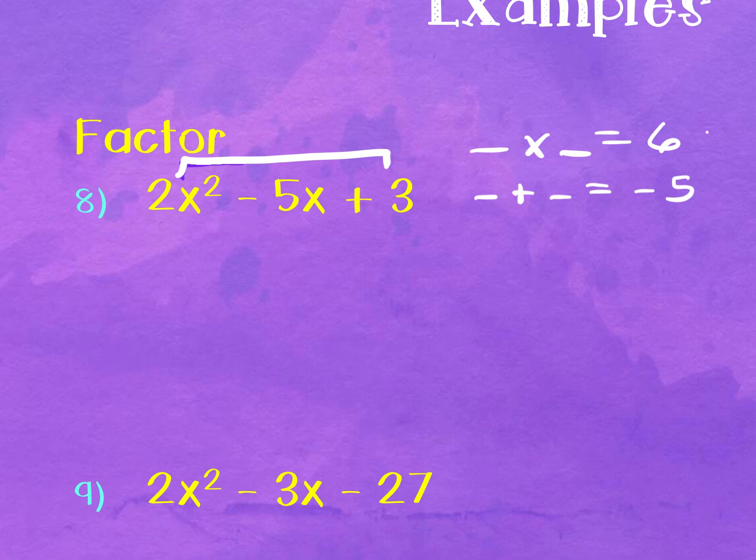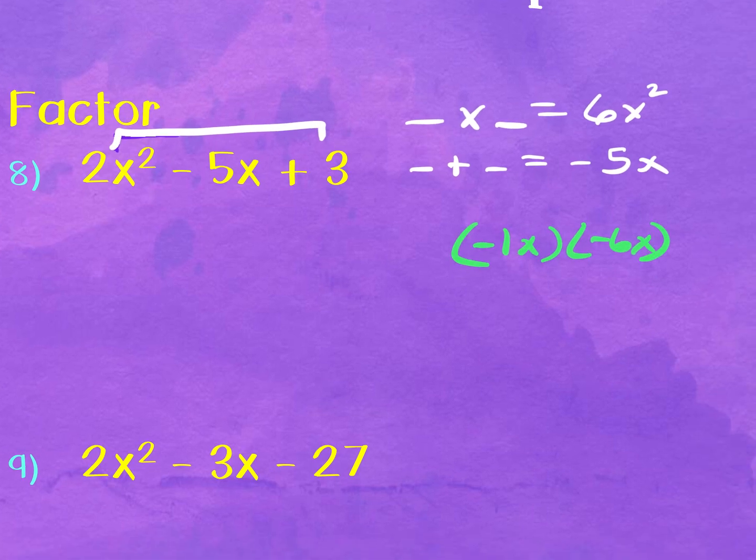Now, technically what we should be doing here is 6x squared. So when we put them in here, the factors of positive 6 are going to be negative 1 times negative 6x, and negative 6 times negative 6x. And then here, negative 2x and negative 3x.